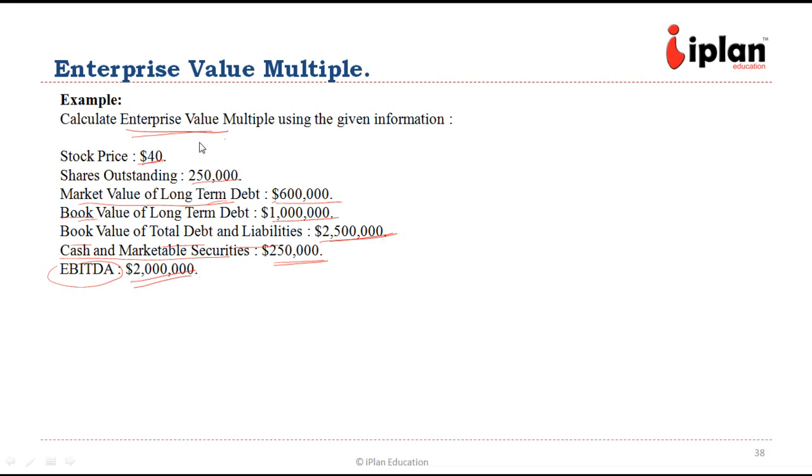For this, first of all, we need to find out the enterprise value. EBITDA is given, so we can divide enterprise value by EBITDA in order to find the ratio. Enterprise value is the market value of equity, and we can add the market value of short-term debt.